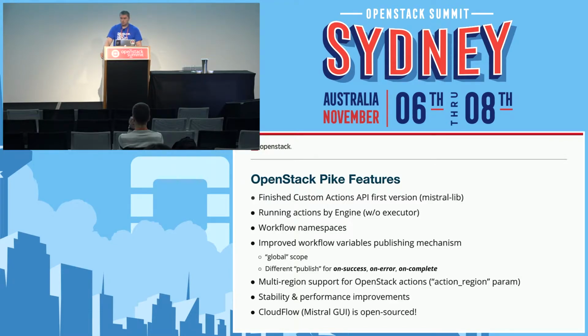That's one thing. Another interesting thing that we also added during Pike cycle is that right now Mistral can run its actions without any remote executors at all. The typical topology that we always had was a number of Mistral engines that we could run, any number of them.